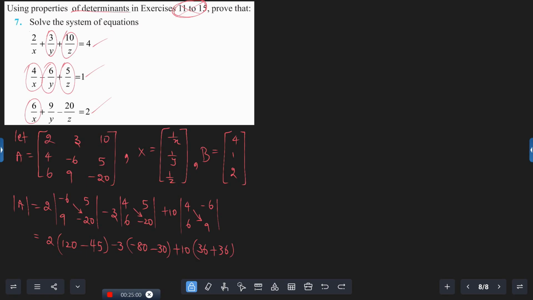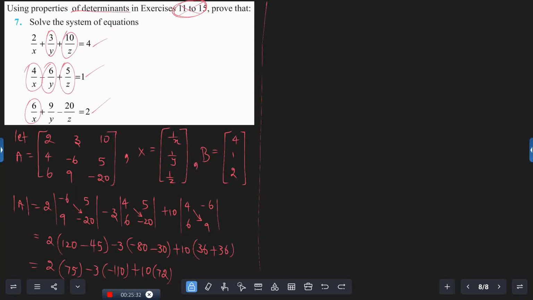Now the remaining I will complete here itself. So 120 minus 45, what will you be getting? 75, right? 75 minus 3 into minus 110, Raja, and here plus 10 into 72.